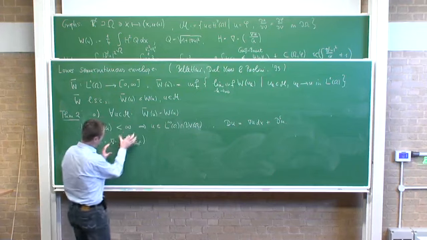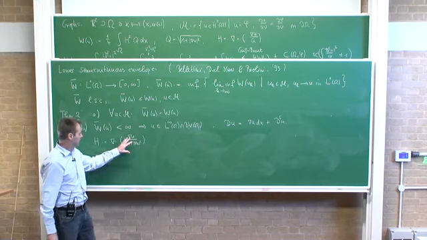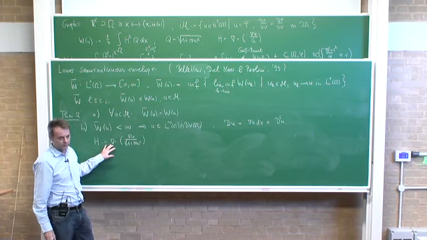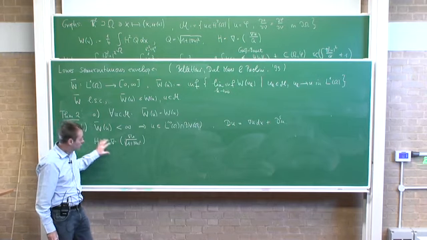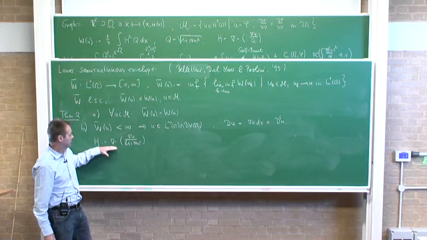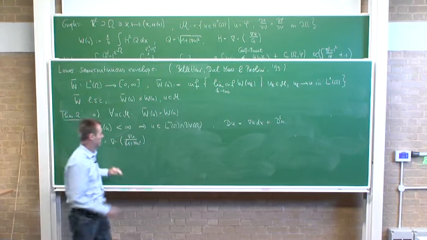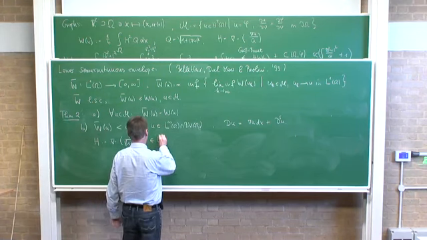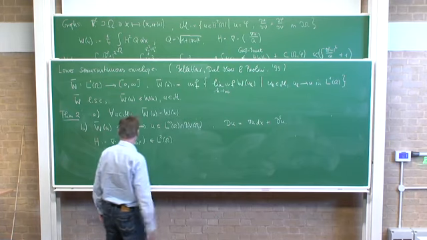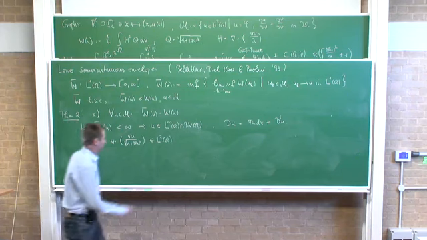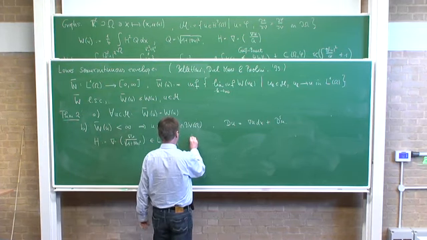First of all, this makes sense as a function. Then you can look at the distributional derivative of that function, and it turns out that under this condition, this is an L2 function. So it belongs to L2.